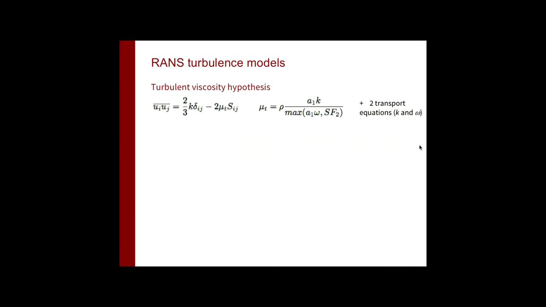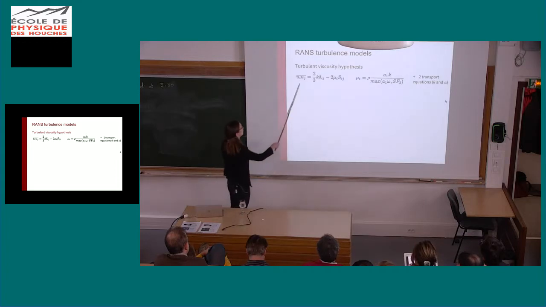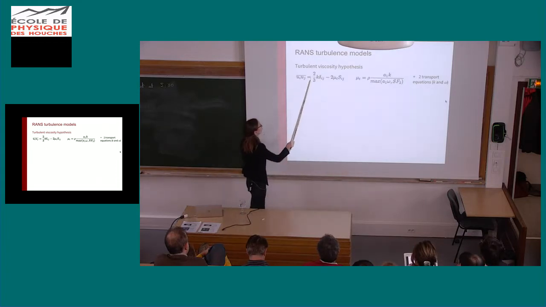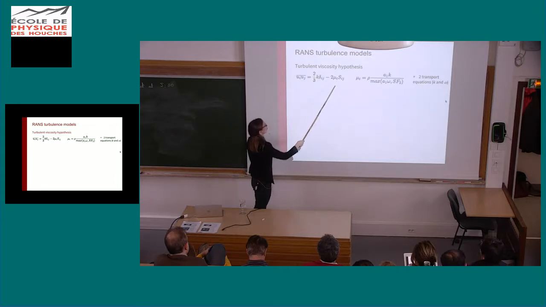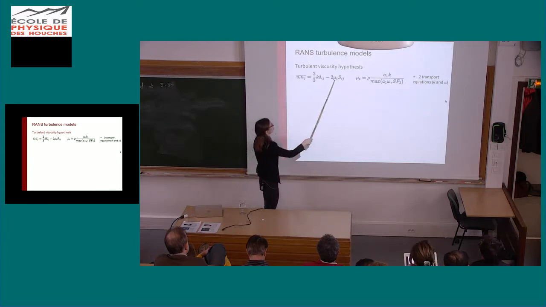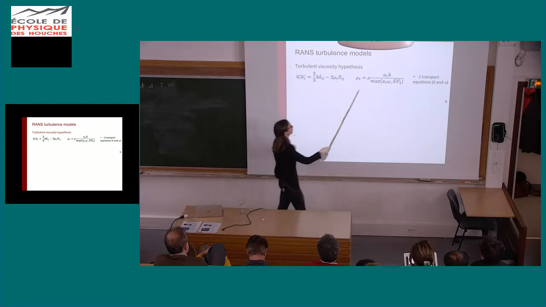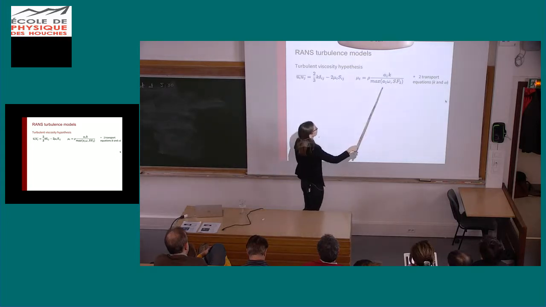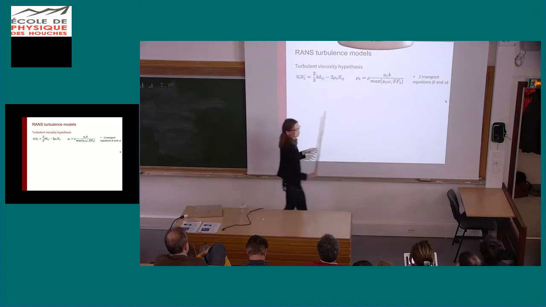When you look at that assumption, you write your Reynolds stress tensor as an isotropic part, and then an anisotropic tensor that is a function of a turbulent viscosity and the rate of strain tensor. So this is really the first important assumption you make, but then you need to get this turbulent viscosity. In the k-omega model, that's done like this, and then you write two transport equations for k and omega.